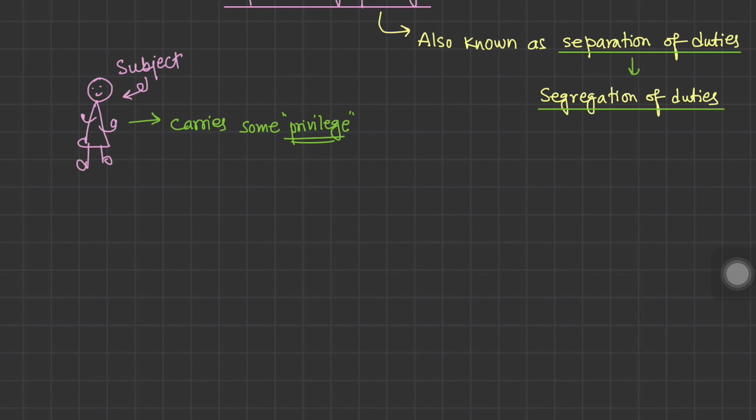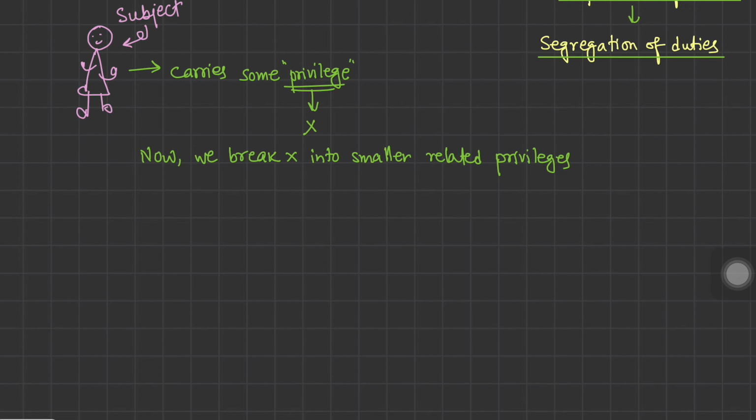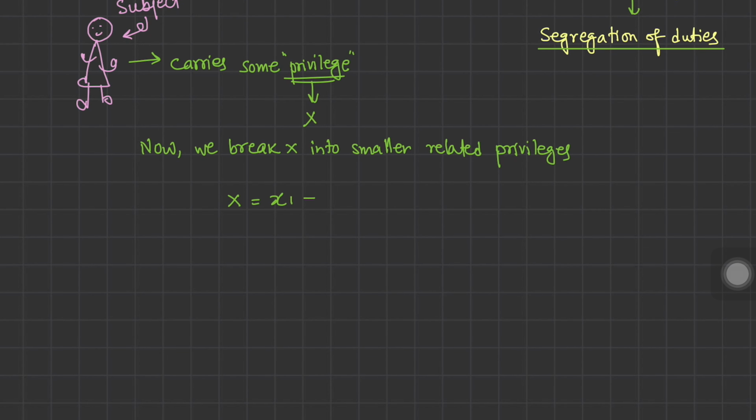In the separation of privilege discussion, we can think of a user first. The user is a subject and carries some privilege, let's say privilege X, a capital X. Now this privilege X is with the user, and if this privilege can be abused by the user and we want to enforce, let's say, 5 different control points, one way of achieving this is to segregate or separate this privilege X into 5 different privileges.